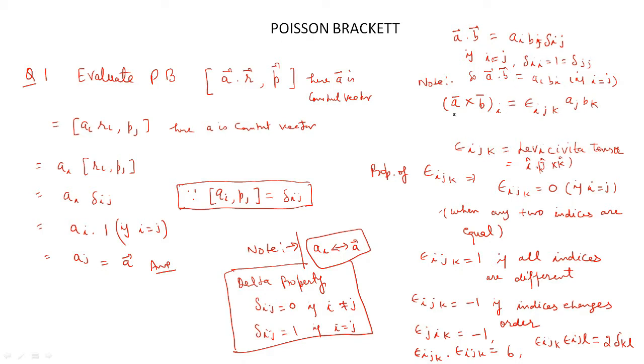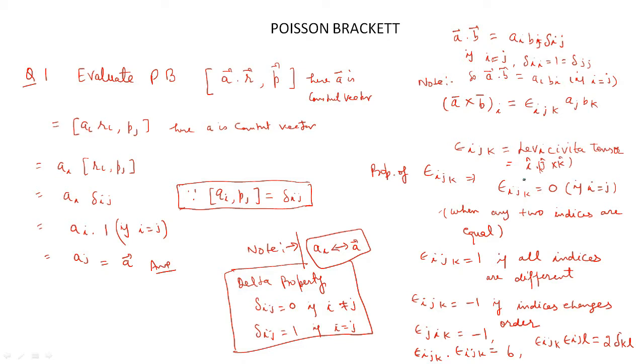Similarly, the cross product of the two vectors over indices i can be written as epsilon_ijk a_j b_k. Here epsilon_ijk is called the Levi-Civita tensor, and its value is equivalent to a scalar triple product of the three unit vectors i, j, k.